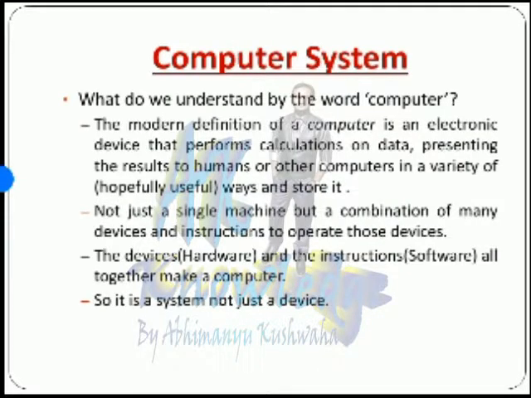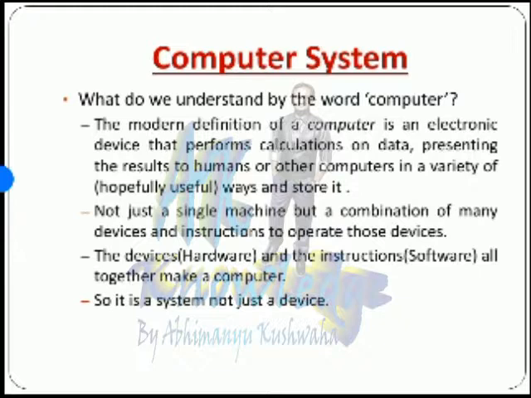Next slide. Computer system. What is the computer system? There is some definition. What do you understand by the word computer? The modern definition of a computer is an electronic device that performs calculation on data, presenting the result to humans or other computers in a variety of hopefully useful ways, and stores it.